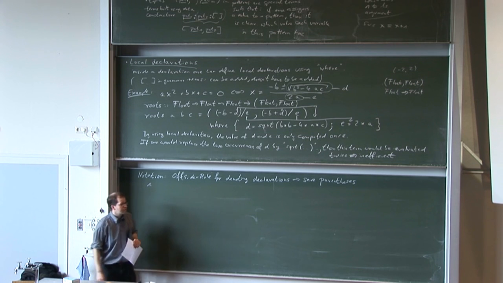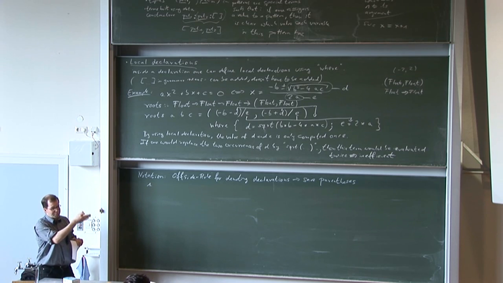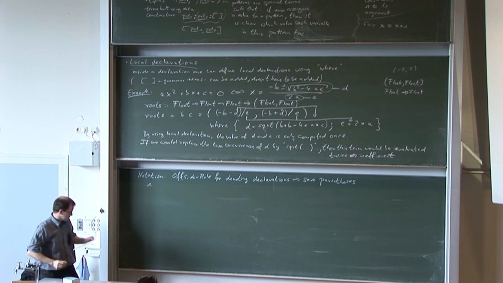And the rule is, the first declaration in your block, the position of the first symbol in this block determines in which column all the lines of this declaration have to start.